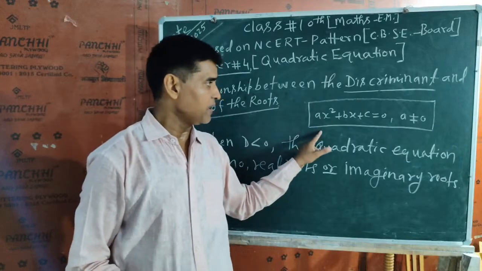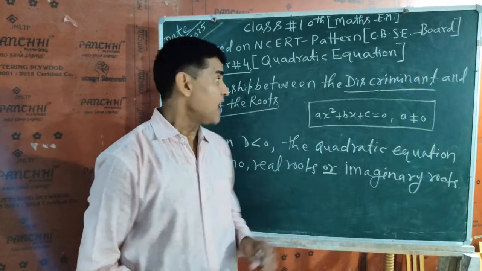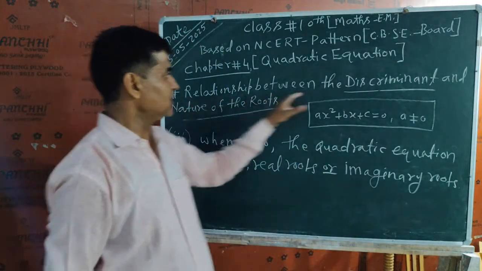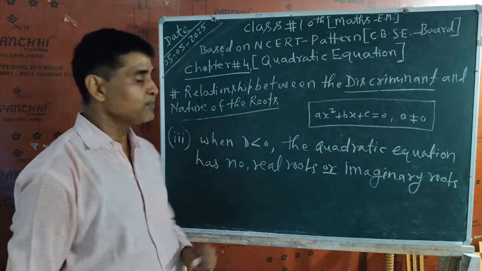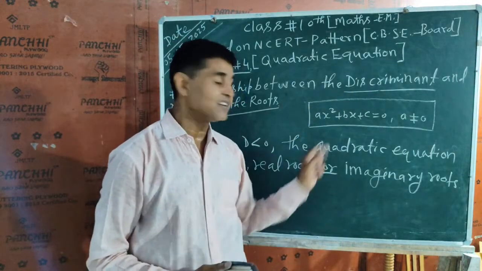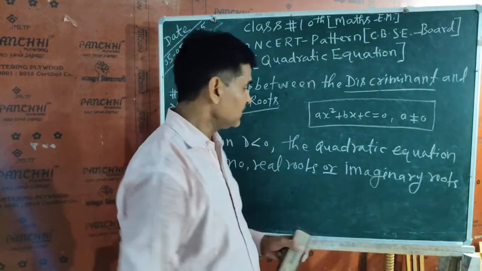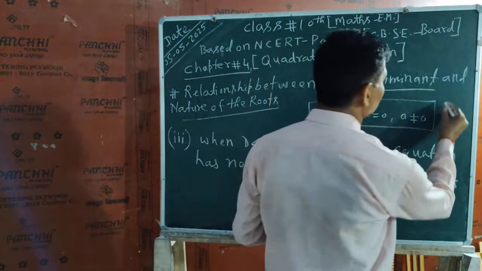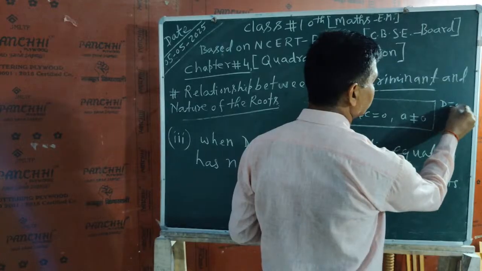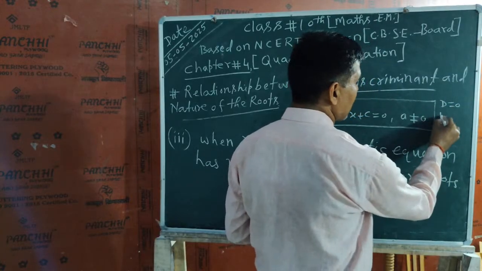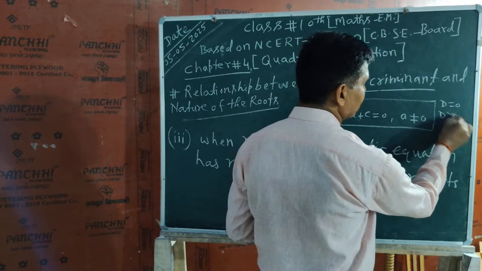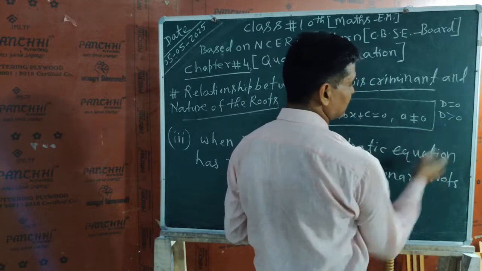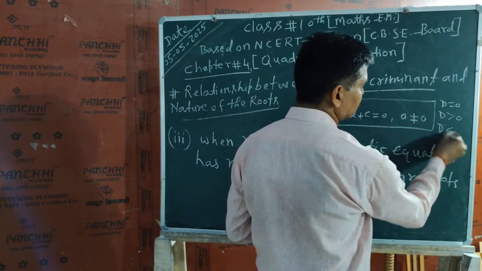So, if a quadratic equation is given and we have to explain the relationship between discriminant and nature of the roots, I have to write the conditions. In one condition, I have to put the value of D equal to 0. This is condition number 1, and condition number 2 is the value of D greater than 0, and this is condition number 3.